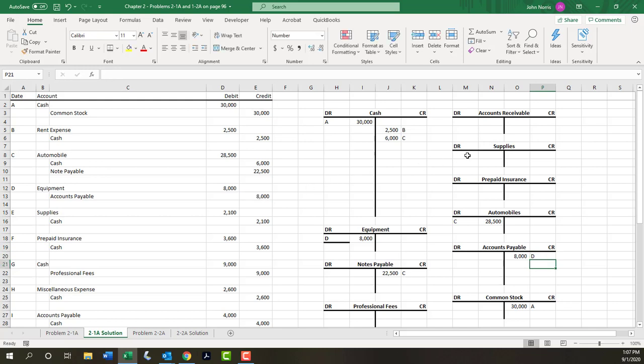Then supplies is E, and we paid cash for that. F is prepaid insurance, and we paid cash for that.